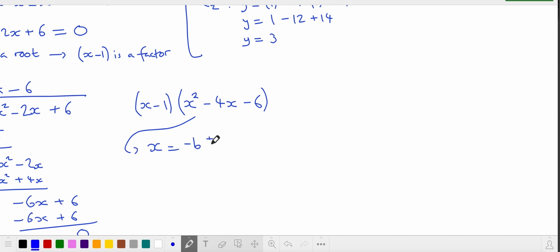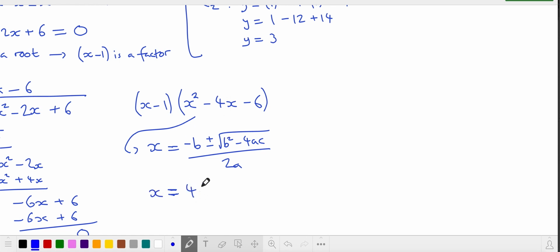Minus b plus or minus root b squared minus 4ac over 2a. I don't use this very often. So we'll give it an airing.